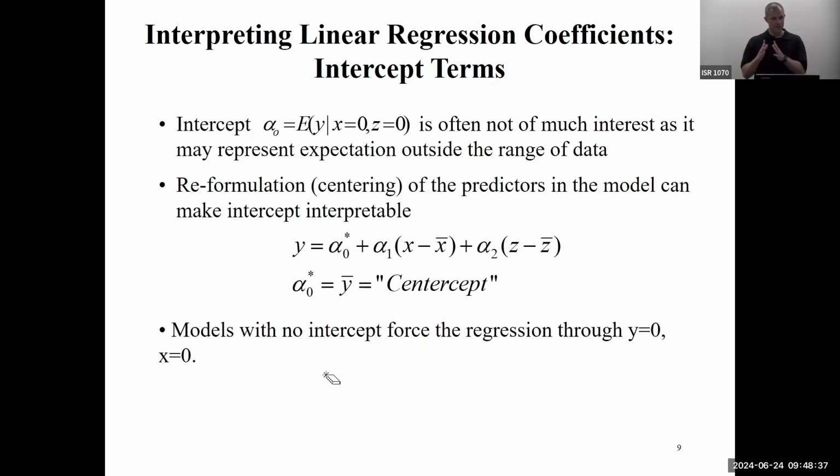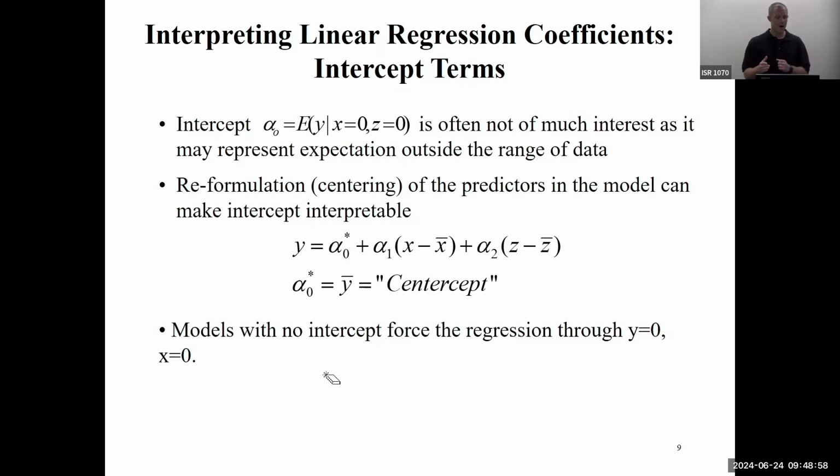Now, when I have these new centered variables as predictors, having a value of 0 on the predictor means something, because a value of 0 means that X or Z are equal to the mean, either for the overall sample or for the overall population, depending on what choice we use for that mean.